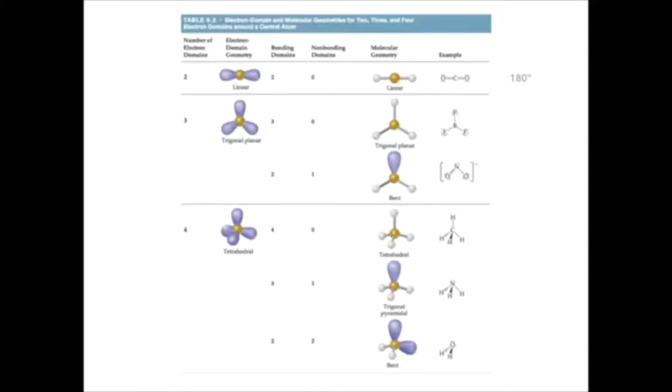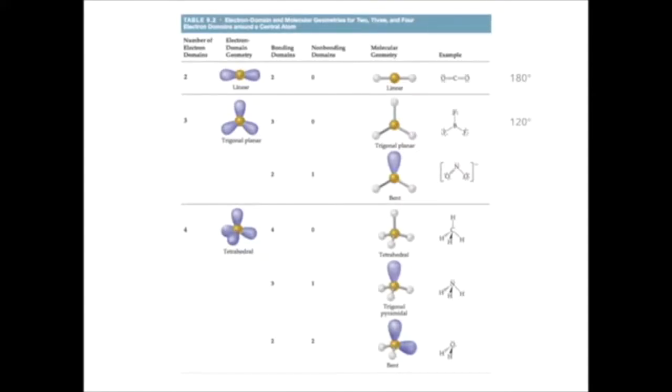Now, if you have 3 electron domains, let's say, for example, you have 3 bonding domains and 0 non-bonding domains, like in the case of BF3. Now, in this case, the molecular geometry is going to be the same as the electron domain geometry. And for bond angle, notice that you have 3 different angles that would make up a circle. Therefore, each of those angles is going to be 120 degrees.